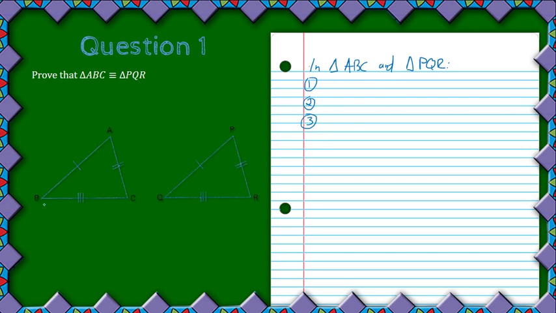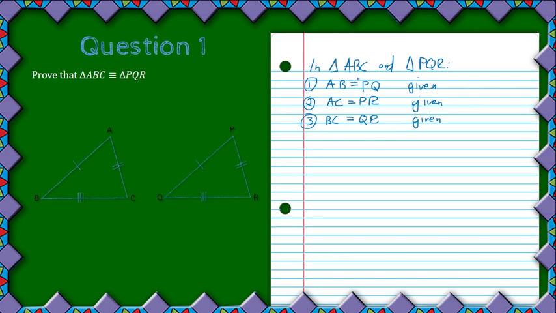We're given that AB is equal to PQ, and this is a given. And then we are given that AC is equal to PR, given. And then we are given that BC is equal to QR.